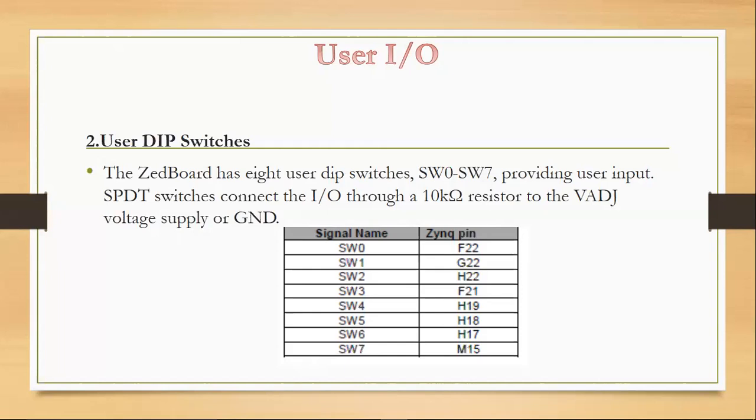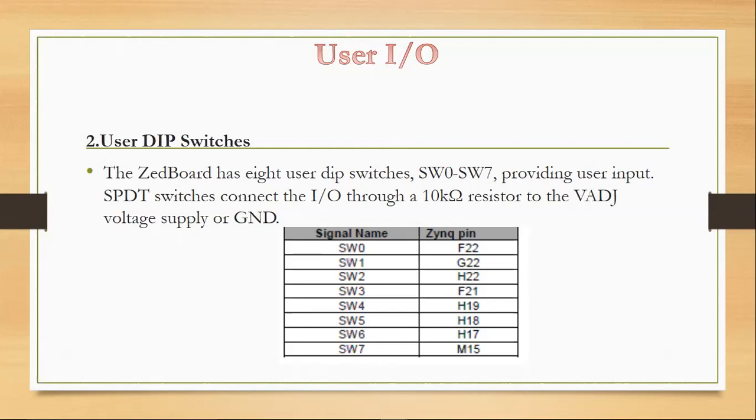Coming to the user DIP switches, the board has eight DIP switches, switch 0 to switch 7, providing user input. Single pole double throw switches connect the I/O through a 10 kilo ohm resistor to the VADJ voltage supply or ground. Switch 0 to switch 7 are the signal names, and we can see the pin number on the ZedBoard: F22 is assigned to switch 0, and G22 is assigned to switch 1.